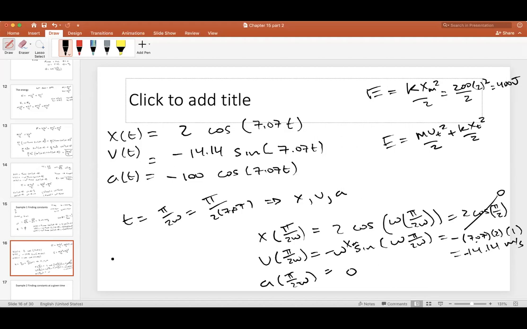And what that's showing is that at this particular point, this was 2 and this was minus 2, my block is actually passing through 0 at a time pi over 2 omega. Because there's no phase angle; if there was a phase angle, it wouldn't necessarily be at equilibrium. But without a phase angle, at a time of pi over 2 omega, it is passing through equilibrium where v is a maximum, x is 0, and a is 0. There's no acceleration because there's no force.